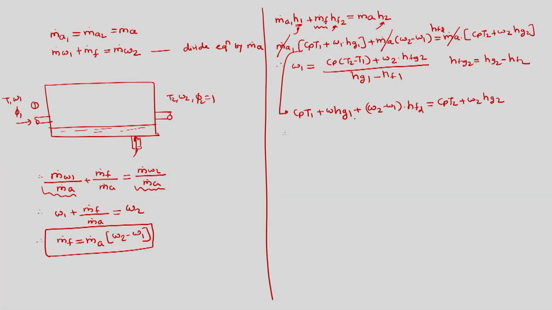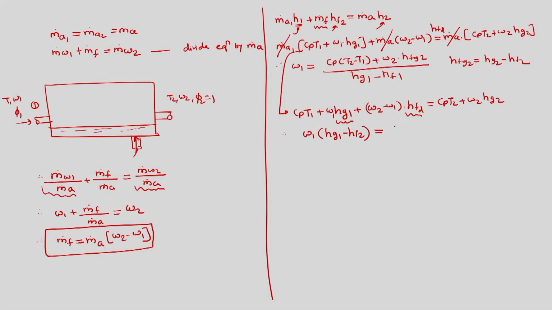So we can have Cp T1 on that side, and write all the terms together for omega 1. So omega 1 into Hg1 here, minus Hf2 here.